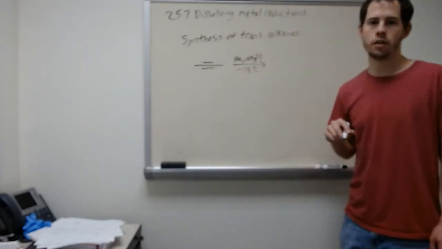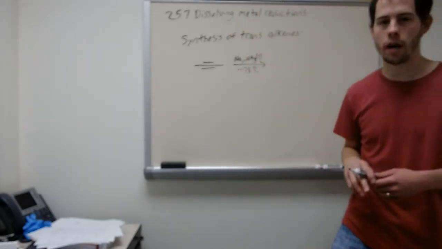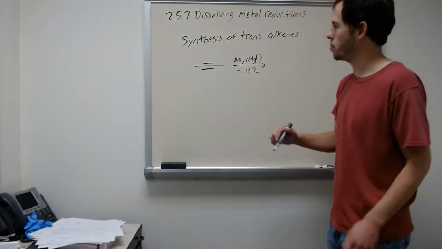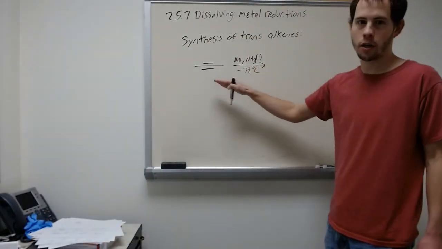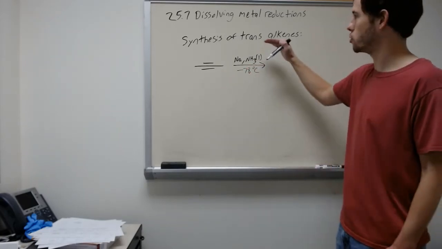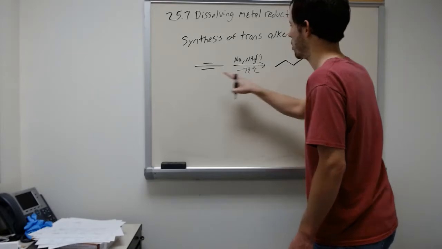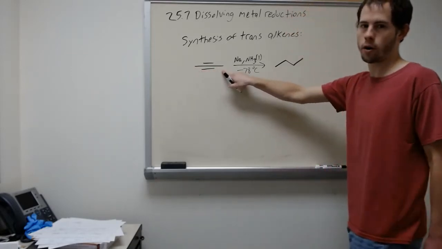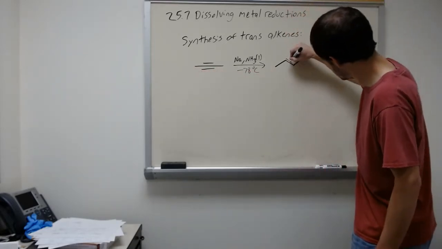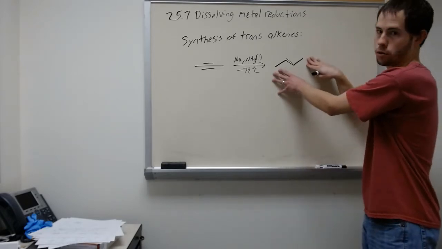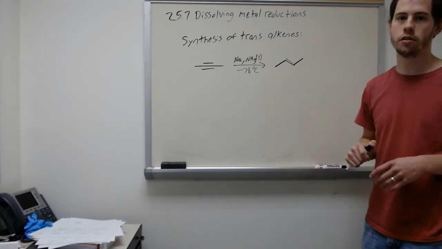We're going to get a dissolving metal reduction of our alkyne. So what happens is we add that electron to the alkyne and we end up with a trans alkene. So I'll go through the mechanism in just a second. We have 1, 2, 3, 4 carbons here, so we have 4 carbons, and we get our trans alkene. Remember, trans is when two groups are pointing in opposite directions.